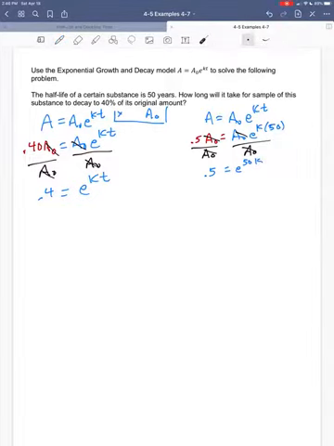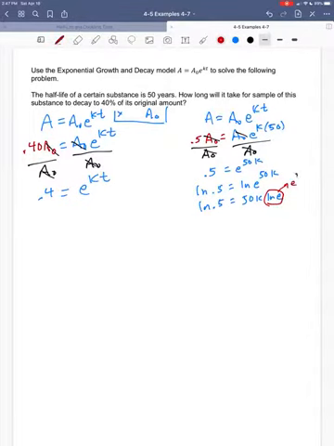So I can take the natural log of both sides, I can bring the exponent down in front, and if you've done a few of these problems, we know this just says then e to what power is e, so that whole thing is just equal to 1.